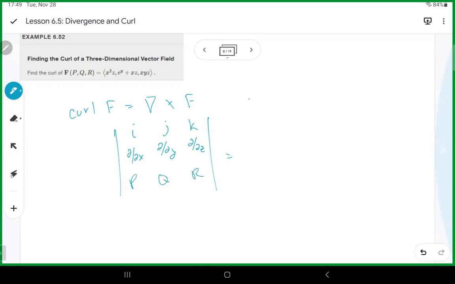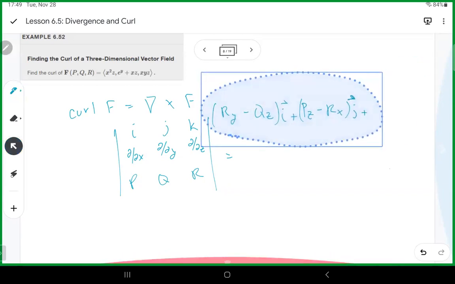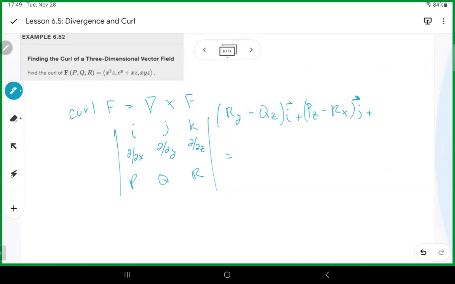So that's going to be R_y minus Q_z i, plus P_z minus R_x j. Again, we don't know why this j term is becoming negative, but for your homework, try it that way. And then Q_x minus P_y k.